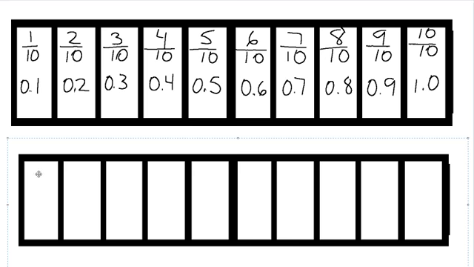So if I kept going, I could do 11/10 as a fraction if I had two of these. And then I could write 11/10 as a decimal, but we know that this is an improper fraction, so we can say that's also equal to 1 whole plus 1/10.